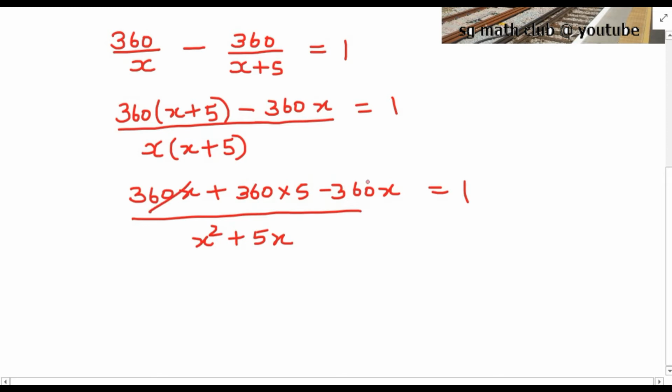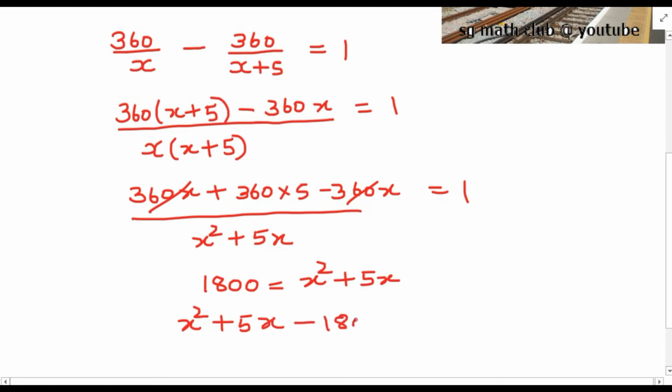We can cancel this. Now 360 into 5 is 1800. So I can write, cross multiply this x square plus 5x, make it in the standard form. So we have x square plus 5x minus 1800 equal to 0.